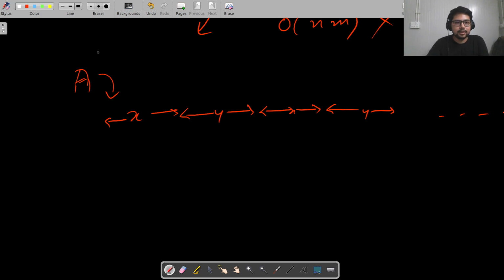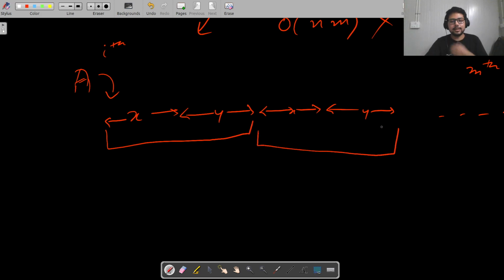Let's say it entered at the ith index of the m, and for instance let us consider it was inside the department up till the mth index. So what you can see is that this part and this part are basically the same.